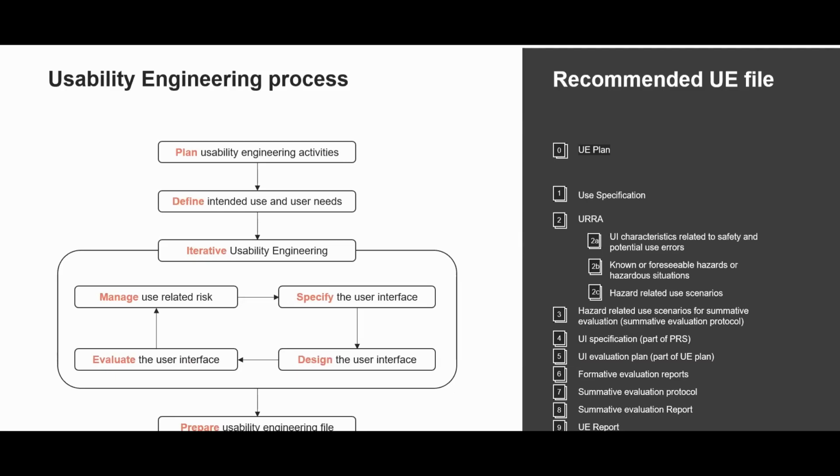And that will be your proof there in the summative evaluation. Then the final step is compiling all of these output documents that you've produced during the process into a usability engineering file, and along with a usability engineering report.